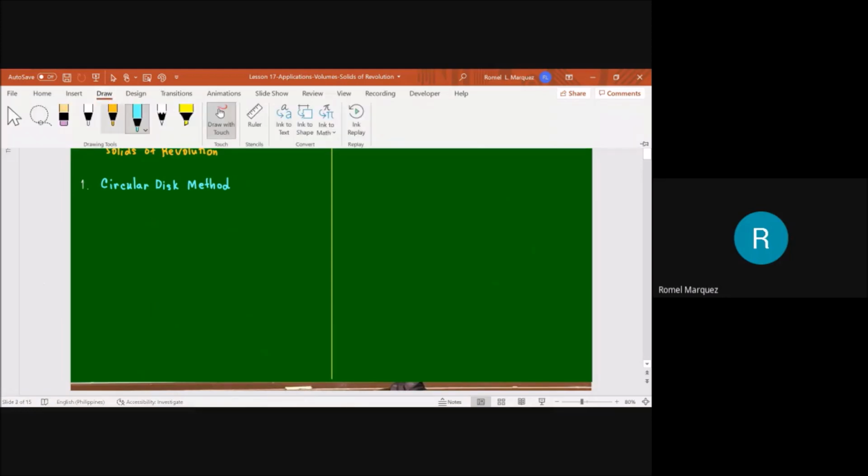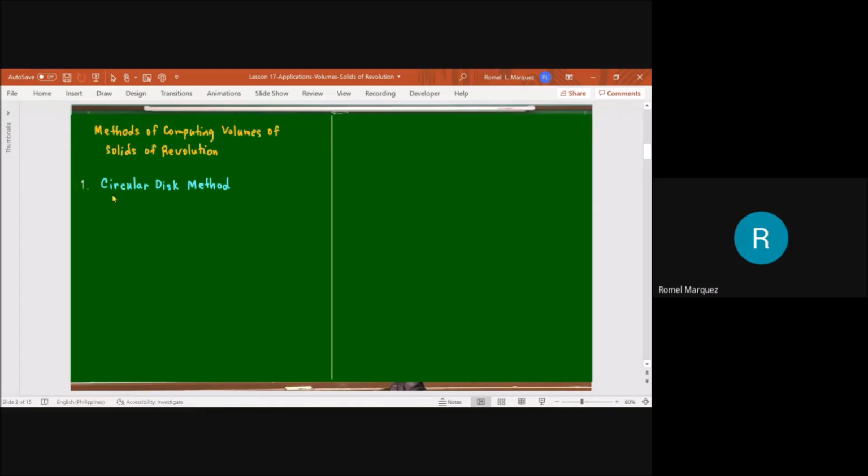So when do we use this method, guys? This method is used whenever the plane region to be revolved about the axis of revolution has a straight side, fully attached or coinciding to the axis of revolution.